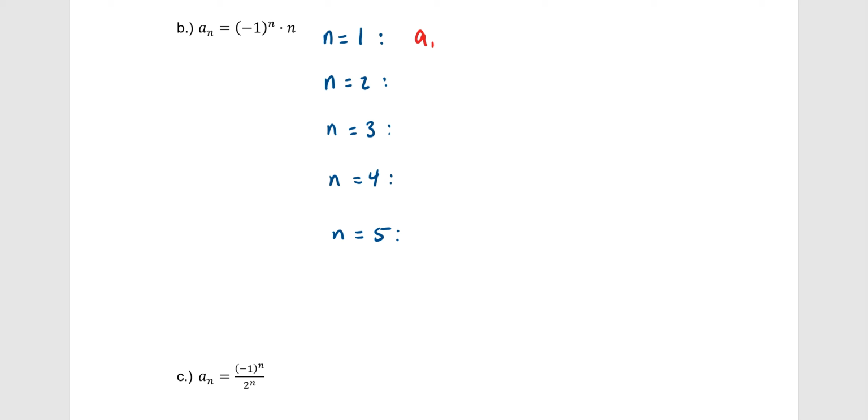And plugging in n equals 1, that's going to give us our first term, a sub 1. -1 to the first power times 1, that's going to give us -1 times 1, so just -1. Plugging in a 2 gives us a sub 2. That is -1 to the second times 2. -1 squared is +1 times 2 is +2.